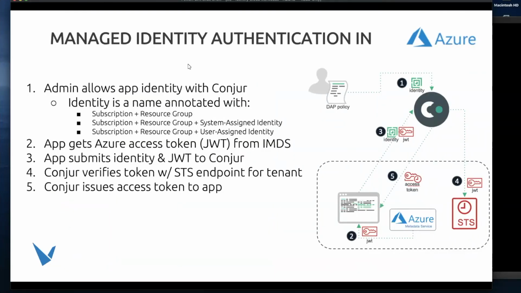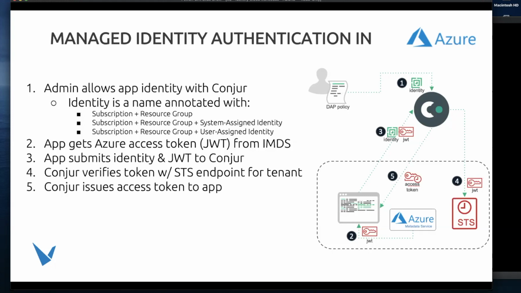So in Azure, we can use a managed identity to authenticate via Conjur. Step 1 here you see is that out of band, we establish policy. We establish what the identity requirements are for the workload. Step 2 in this diagram is that the requester retrieves the JSON Web Token, or the JWT, from the Azure Identity Metadata Service and presents that to Conjur.